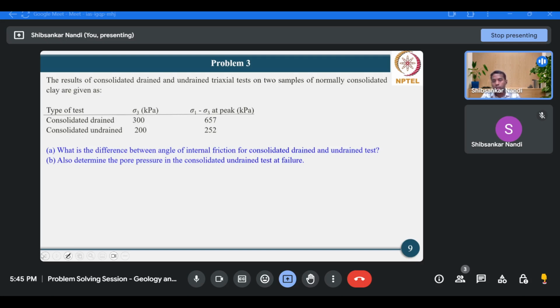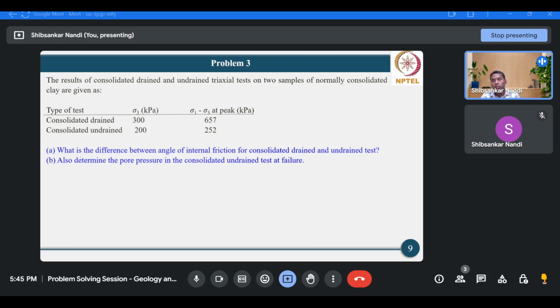In this problem, the results of consolidated drained and undrained triaxial tests on 2 samples of normally consolidated clay are given. This is the type of test and the corresponding minor principal stress and the deviator stress at peak.